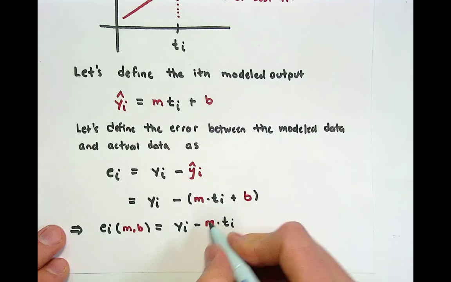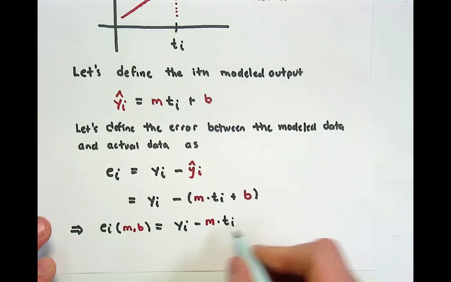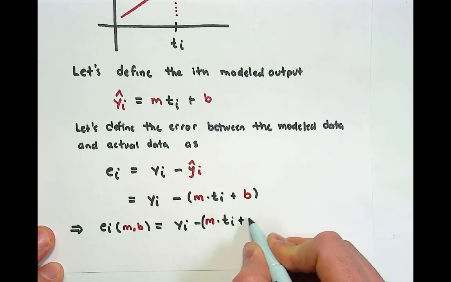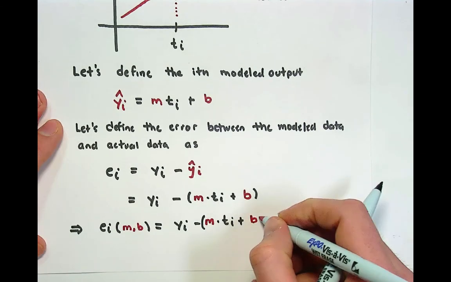E sub i of m and b equals y sub i minus m times t sub i, and then maybe we go minus b. It doesn't really matter to me. It's algebra at this point.